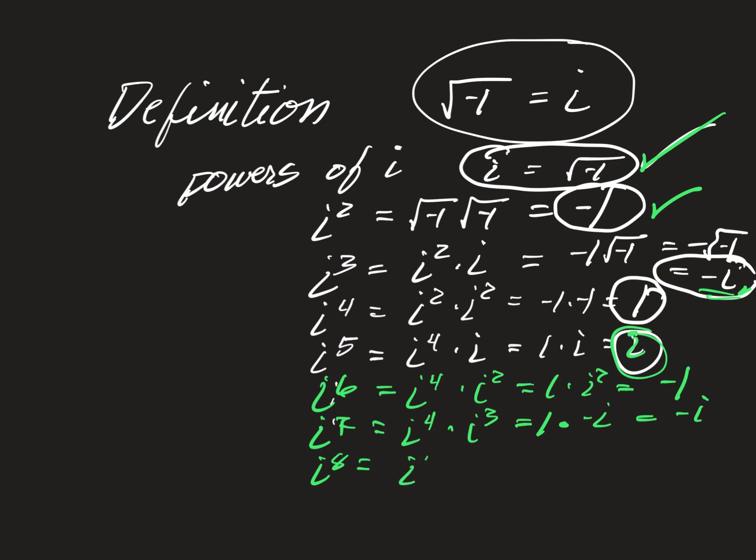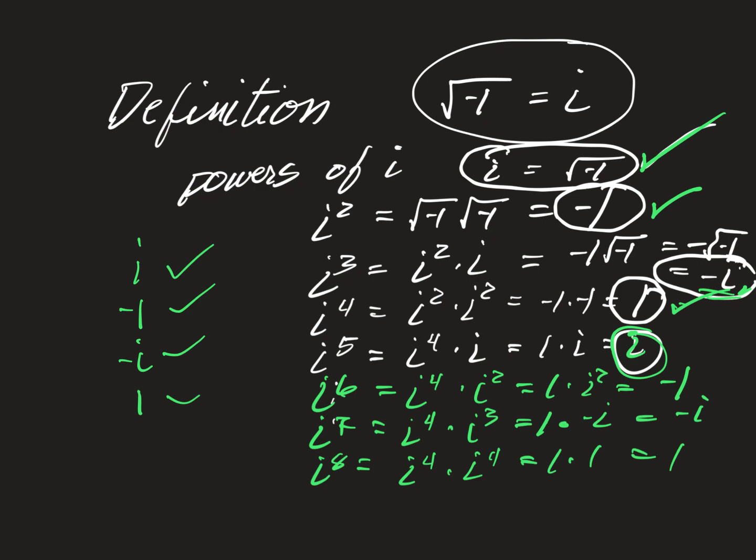Well, that's i to the fourth times i to the fourth, which is 1 times 1, or 1. And that takes us right back there. So what we see is we get a pattern, and that pattern goes i, -1, -i, +1. And that pattern repeats every fourth power.